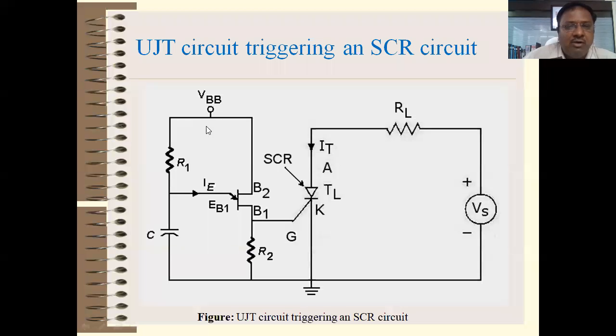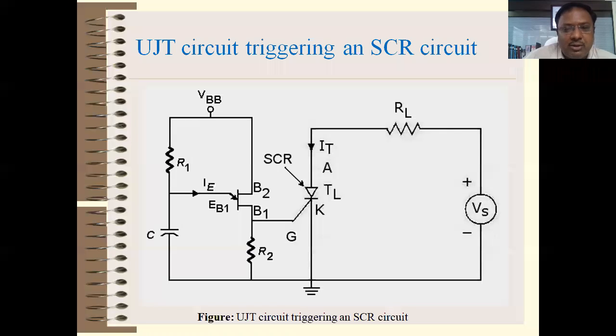What happens exactly is that when VBB is turned on, capacitor C starts to charge through R1. Whenever the voltage across this capacitor is greater than VRB1 plus VPN, that is, the voltage across the resistance between emitter and base 1 plus the breakover voltage of the PN junction diode, the UJT turns on.